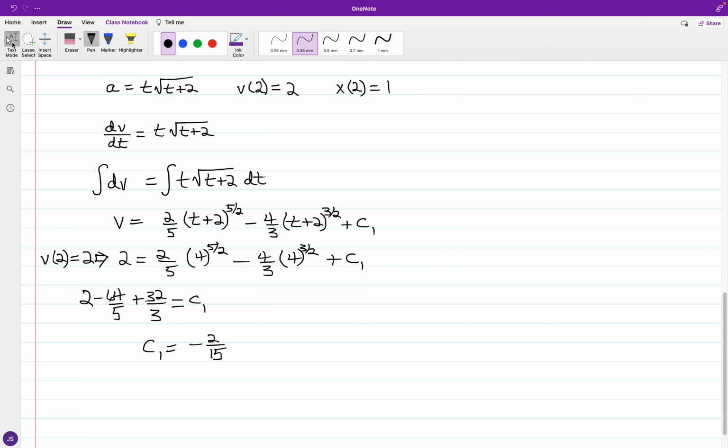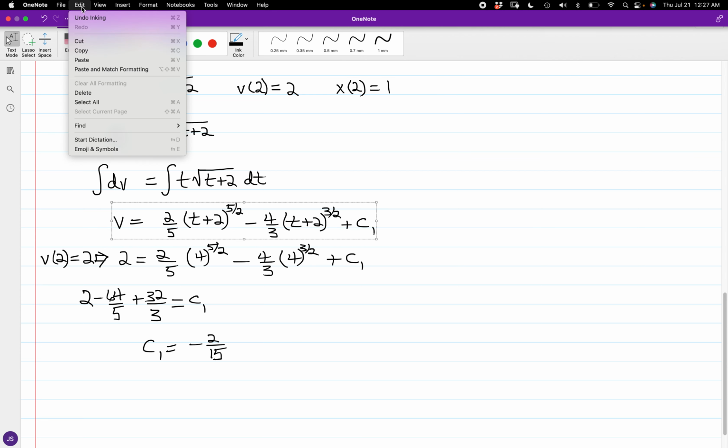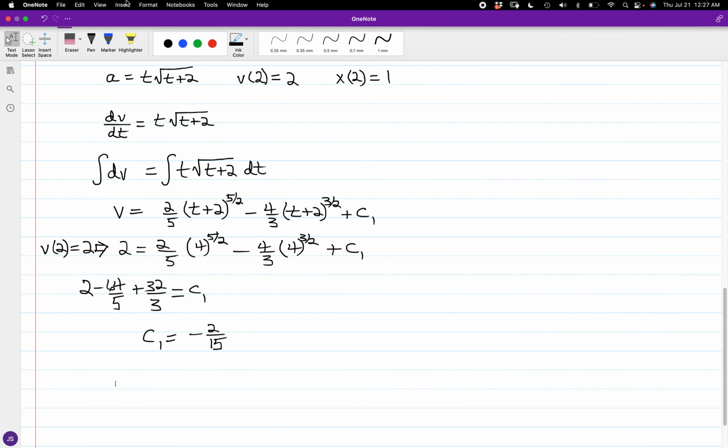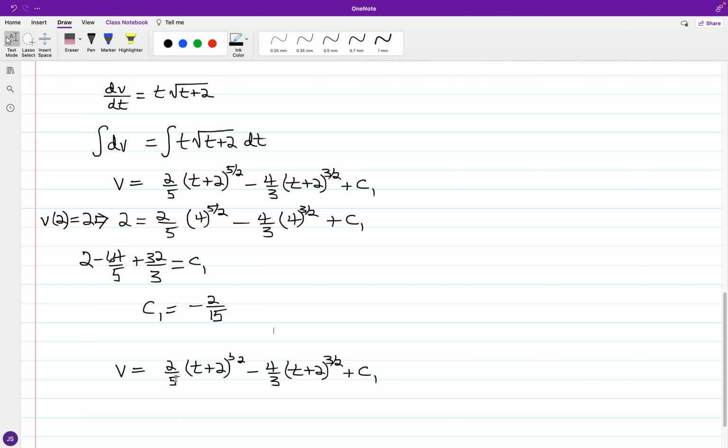Okay, so looking at what we have for v in the general case, we have the expression v equal to 2/5 of t plus 2 raised to the 5/2 minus 4/3 of t plus 2 raised to the 3/2.